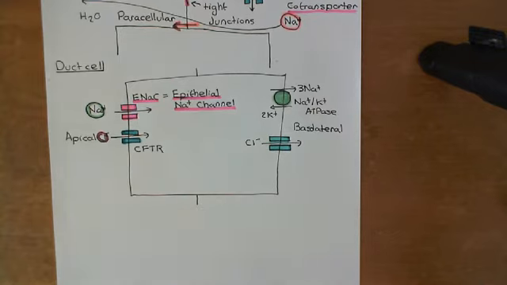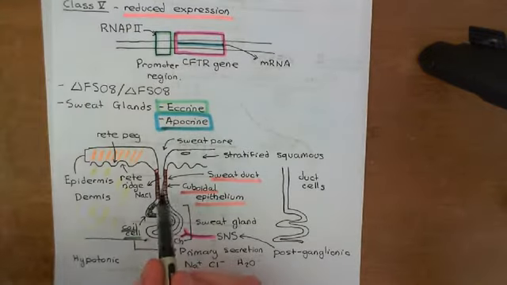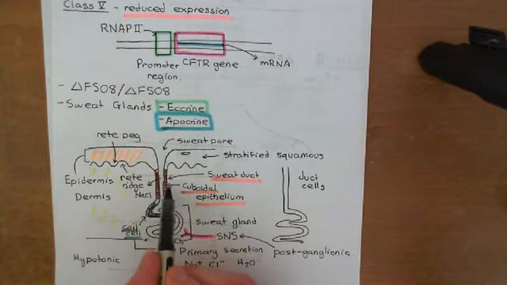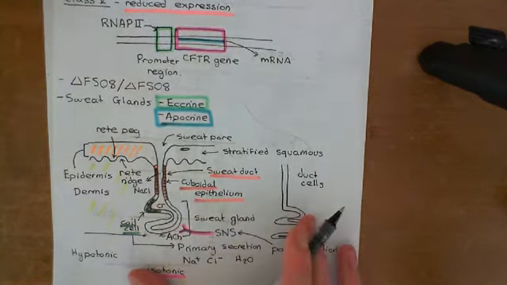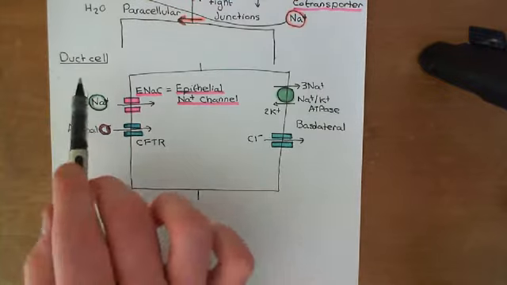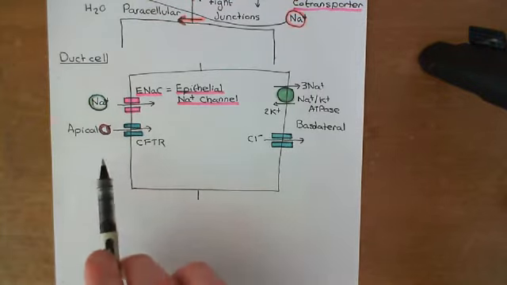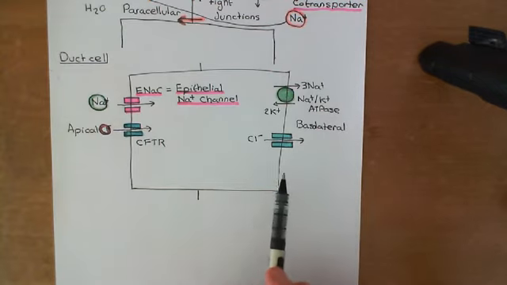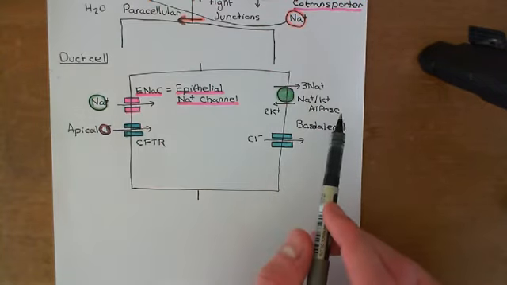If I get my picture of the sweat gland back again, this is where we're working, and we are removing sodium chloride from the lumen of the sweat duct into the basolateral extracellular fluid. Now that is going to decrease the solute concentration in the sweat, and it's going to, of course, increase the solute concentration in the basolateral extracellular fluid.